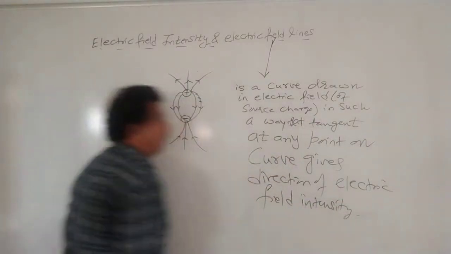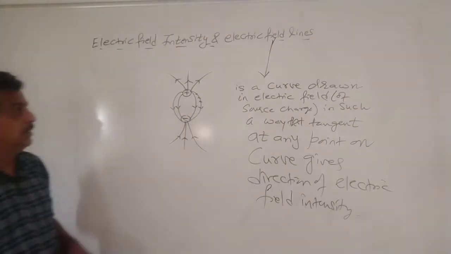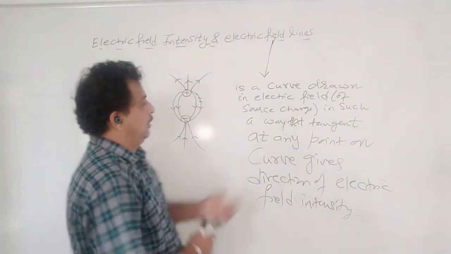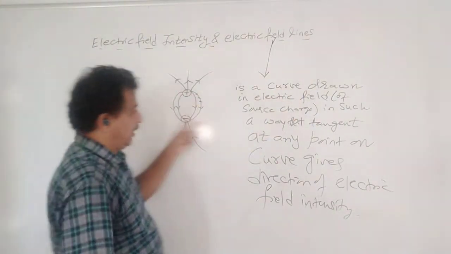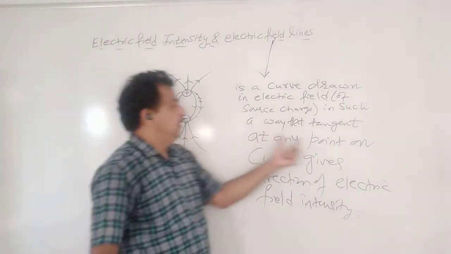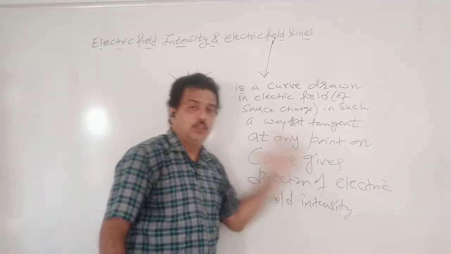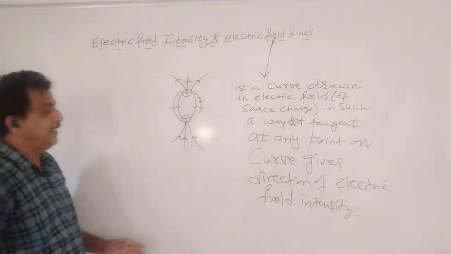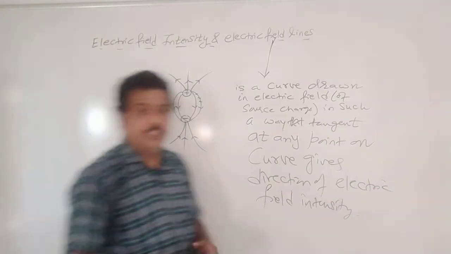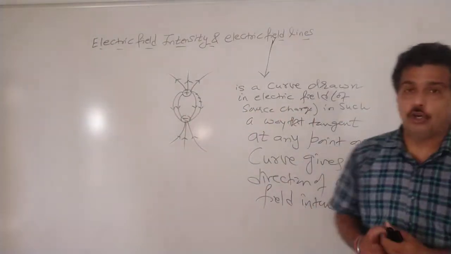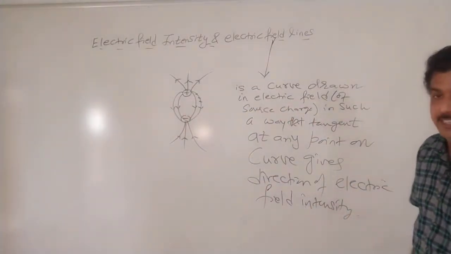So if you ever find the electric field lines to be a curve which we have drawn in the electric field, then the tangent at any point on the curve, you draw a tangent at any point, and that tangent will give you the direction of electric field intensity.